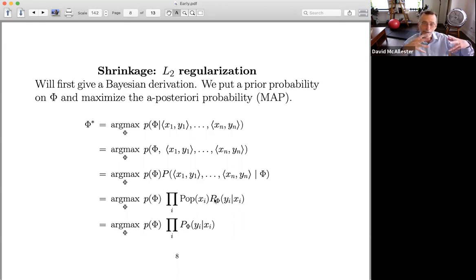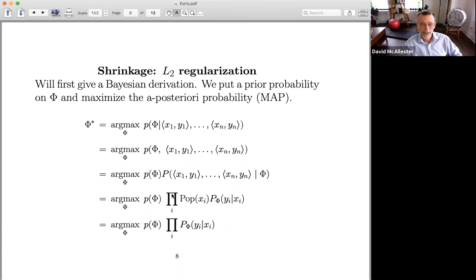That model defines the probability distribution on the data, which is you draw the x's from the population and generate the y according to the model. That's our overarching probability distribution that this analysis is being done relative to. Now, the probability of x does not depend on the model.